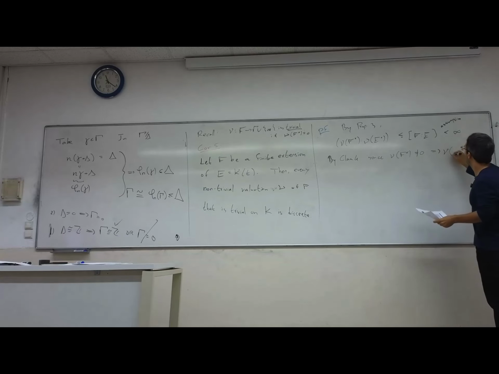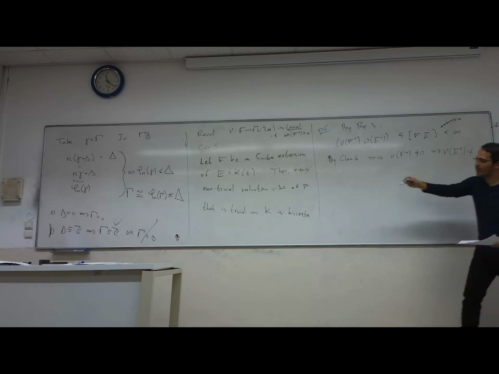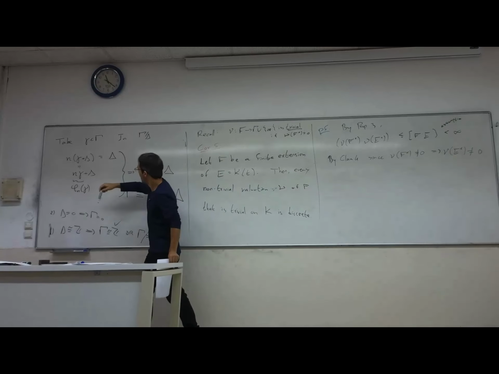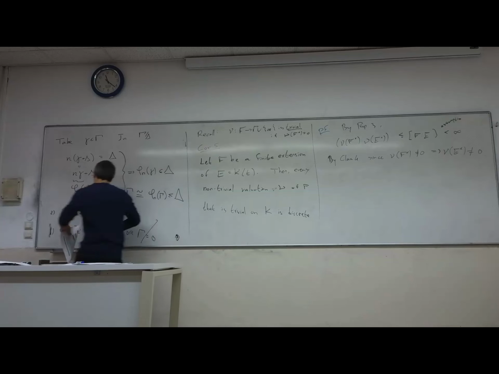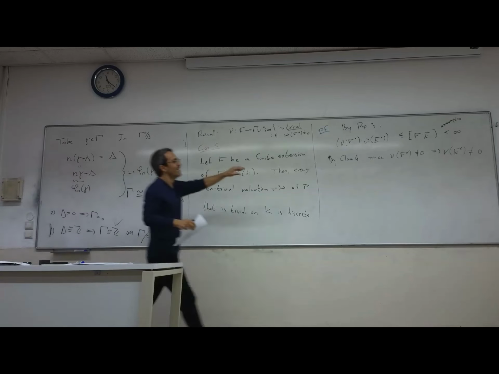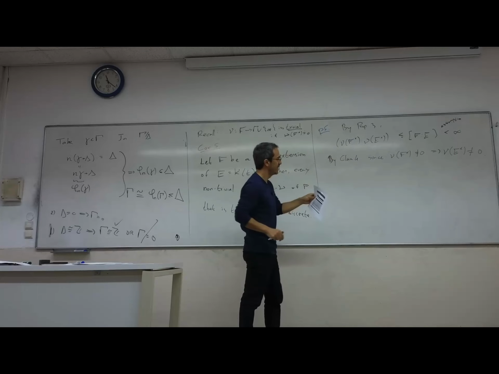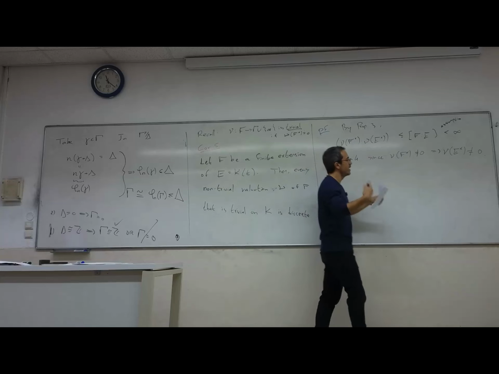We have that also the valuation on the lower field is non-zero. We did the contrapositive, but anyhow, they are isomorphic. So since they are isomorphic, if this is not zero and this is not zero, that's a better way of saying that. And now I'm in my comfort zone.